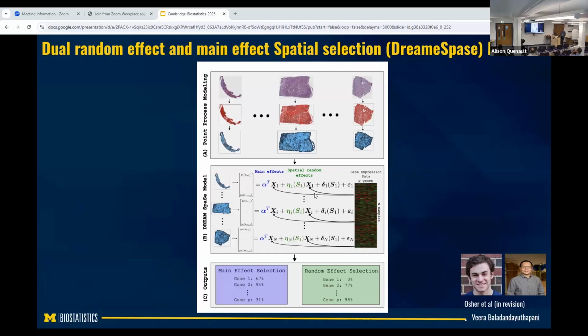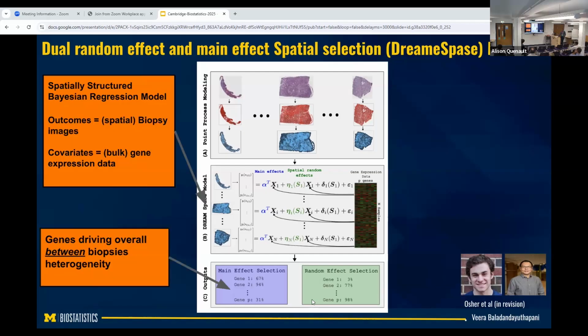That's where a little bit more careful model building has to come in, where you have a population level effect, and that population level effect is the main effect, which basically drives the between patient heterogeneity. That's at the population level, and this is a random effect, which is a spatial random effect.